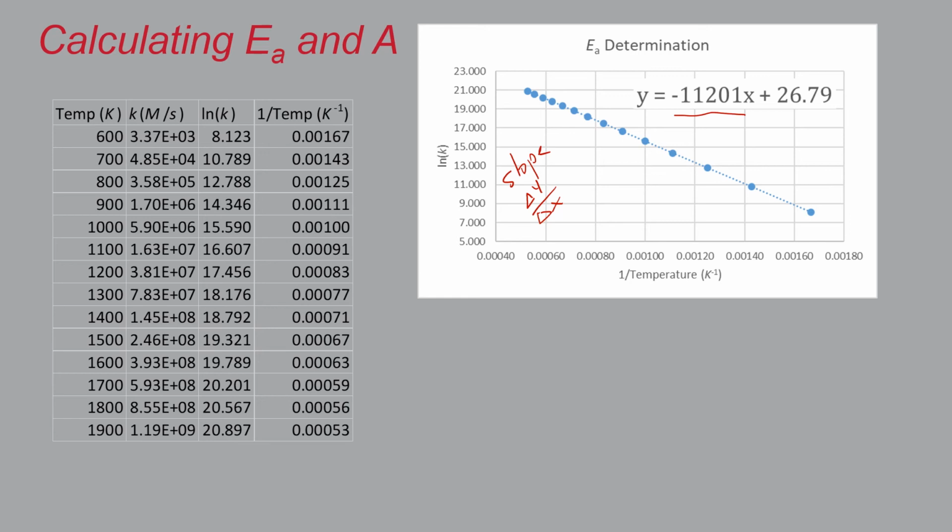Natural log quantities are unitless, so there are no units in the change in y, and the units of x are 1 over kelvins. And so 1 over 1 over kelvins equals kelvins. So this quantity here actually has units of kelvins, and that's an important thing to be aware of.